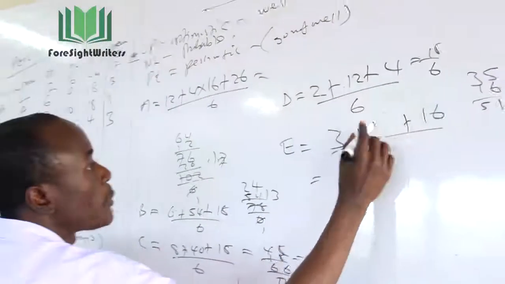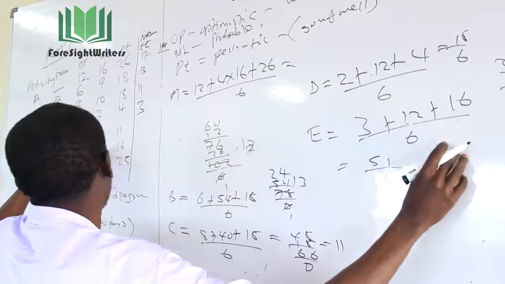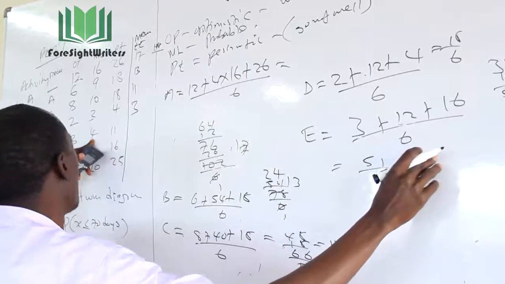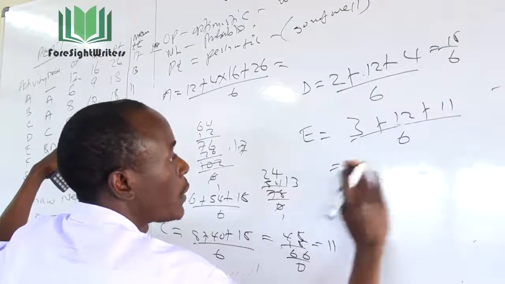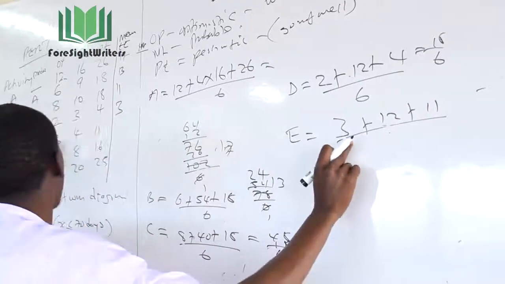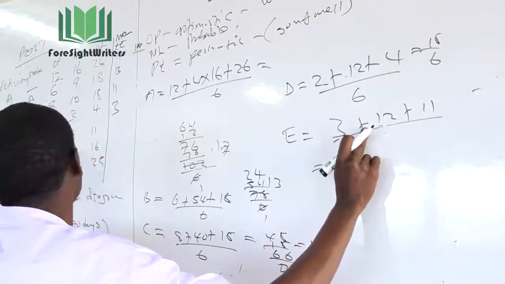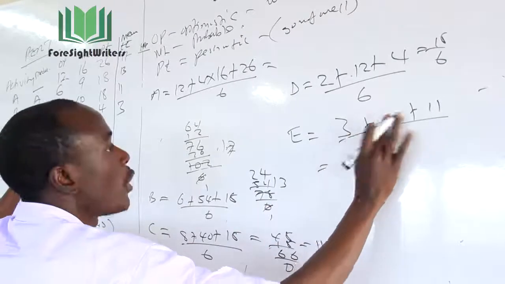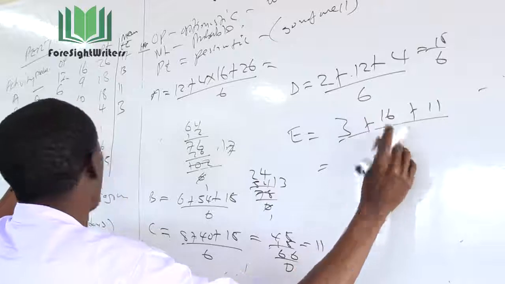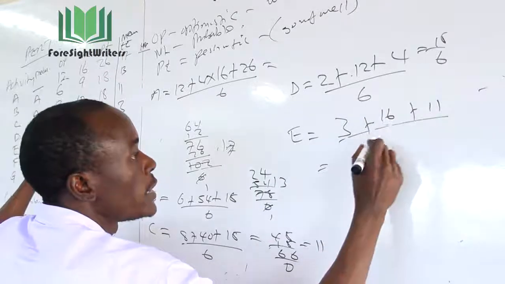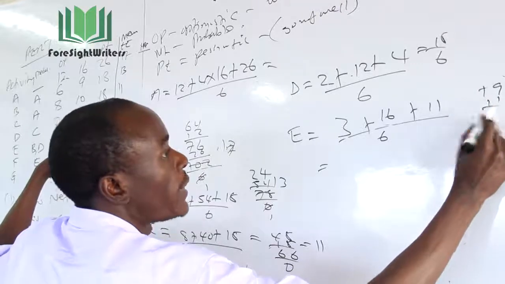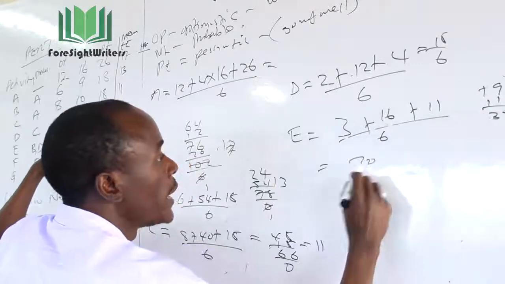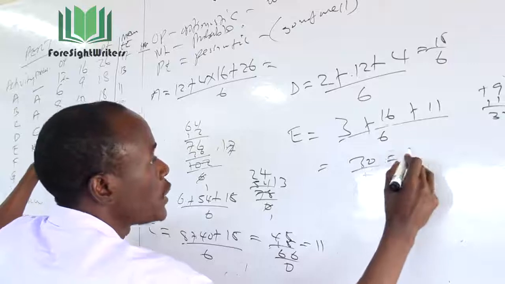This is 4, and 4 times 4 is 16, and the last one is 11. So that calculation was not correct. The optimistic time is 3 plus 4 times 4, which is 16, and then this is 11. If you add this and divide by 6, I get 19 plus 11, that is 30. So 30 divided by 6, I get activity E is 5.